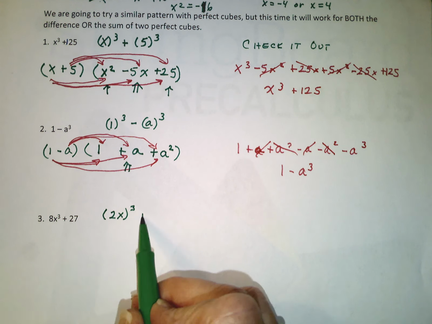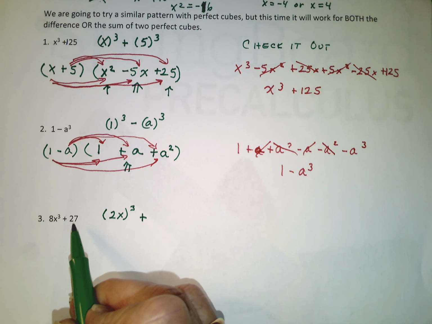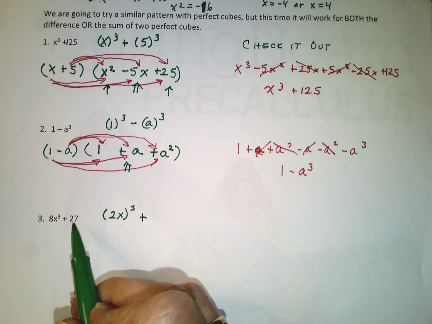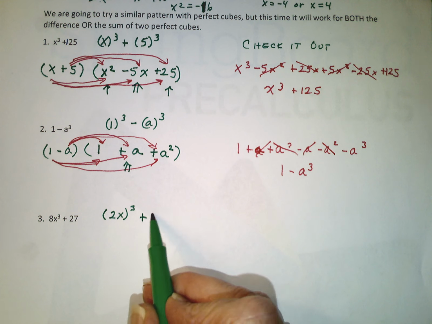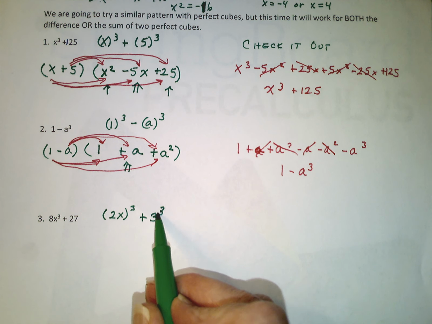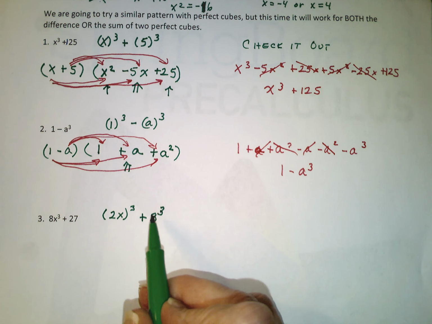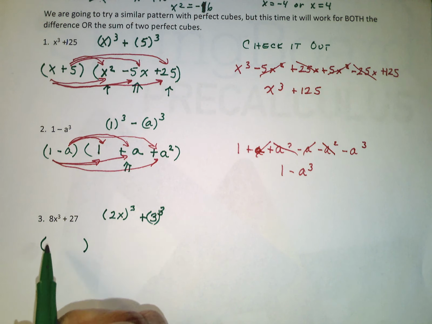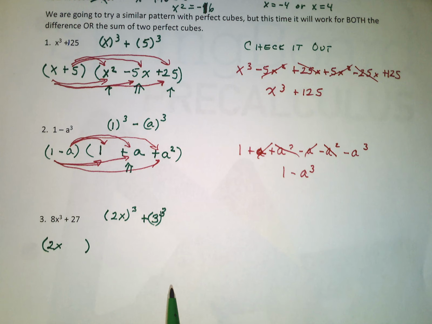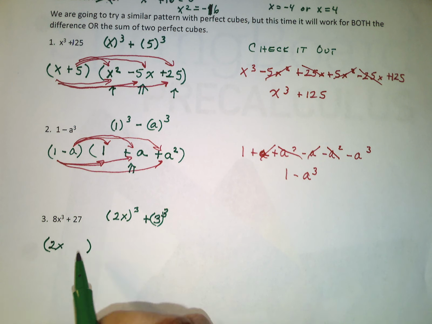And the other one, 27. Think of what you take times itself and then again times itself. And I believe you know that that's going to be 3 cubed. So our first factor's going to be the cube root of 8x to the third, which is 2x. Our second factor is going to be the cube root of 27, which is 3.